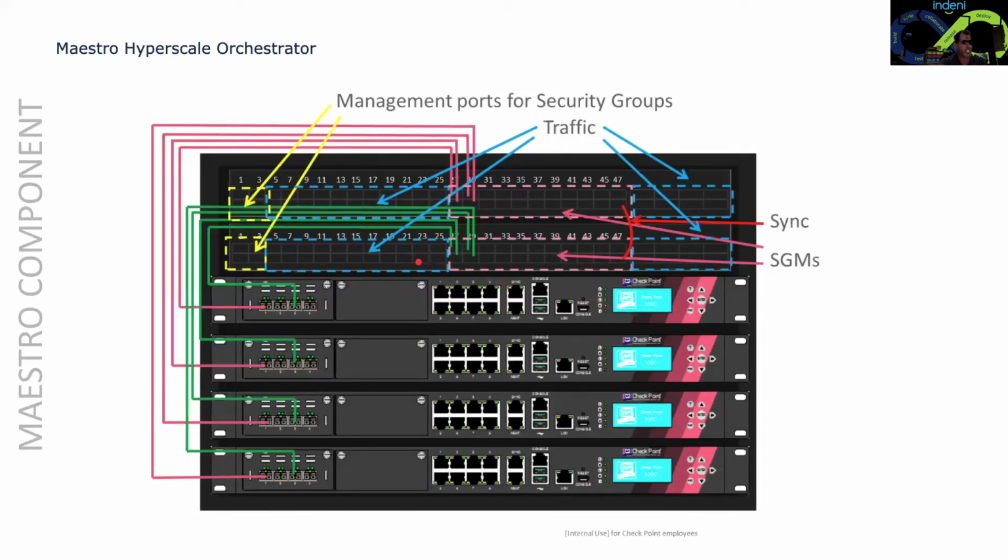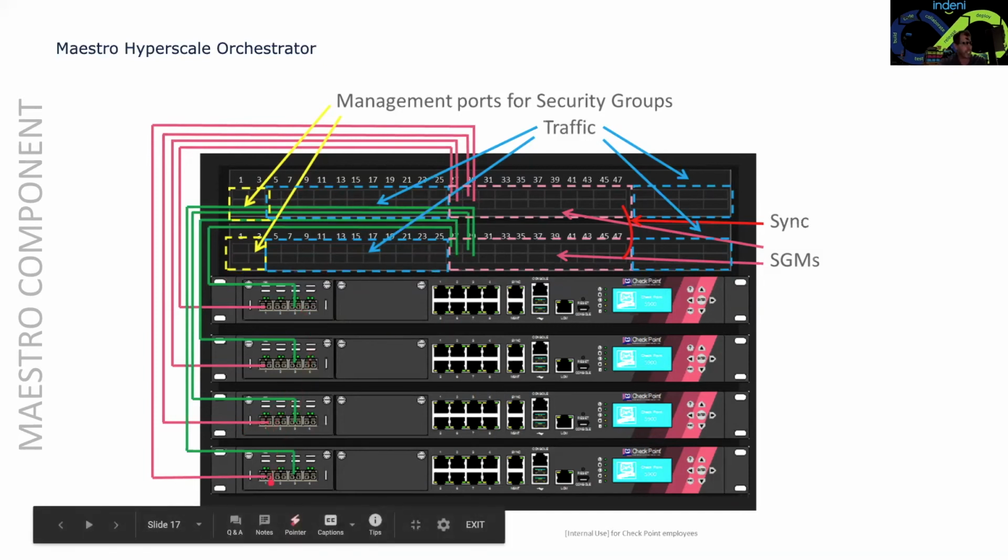There are the downlinks, where each member, each node in the security group, needs to have a cable from the node to each orchestrator. This is the parallel of the backplane connectivity on the chassis.